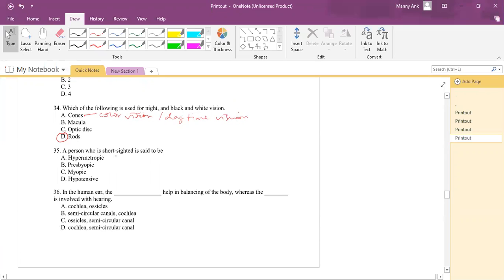A person who is short-sighted is said to be myopic. Myopic, short-sighted. Okay. If the person is long-sighted, that is called hypermetropia, or the person is hypermetropic. This one is long-sighted.